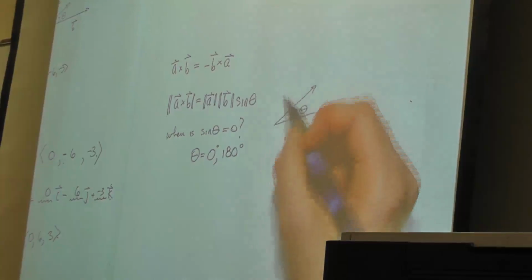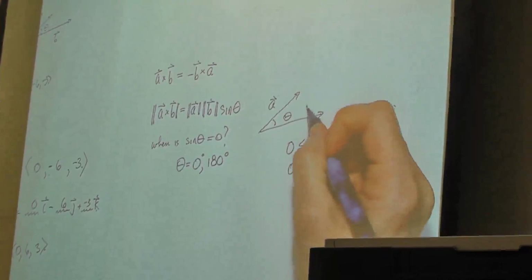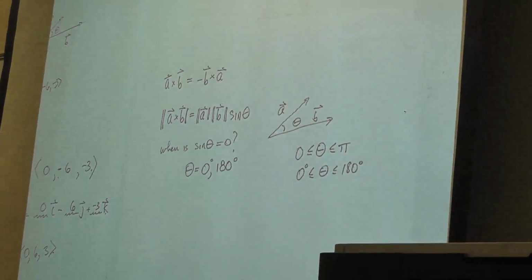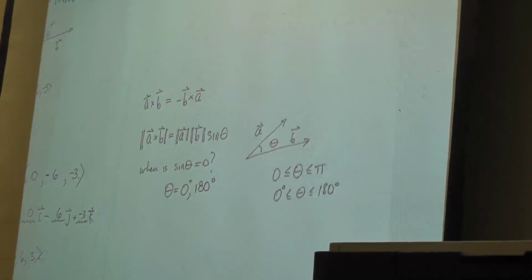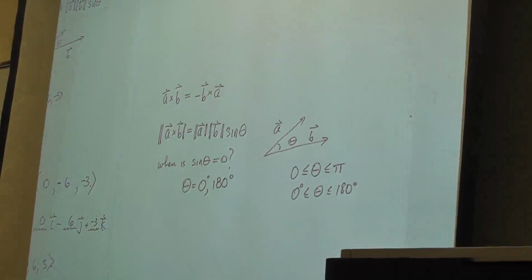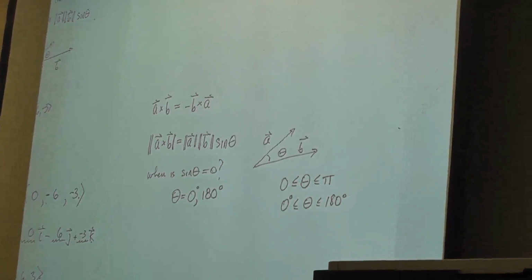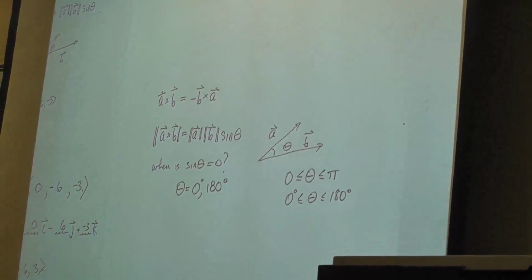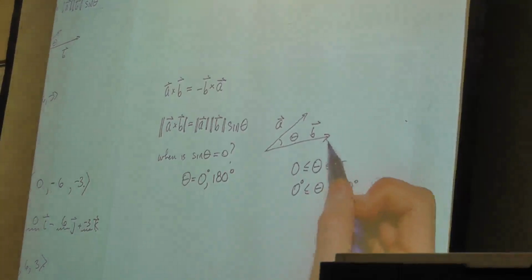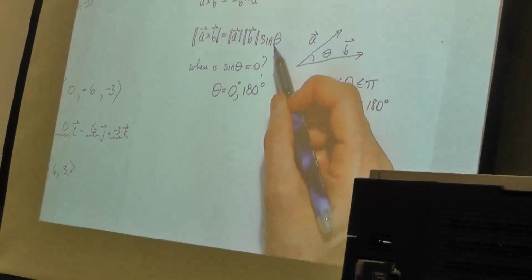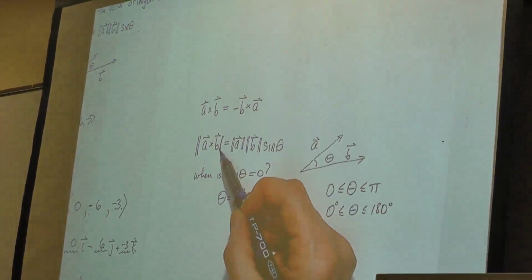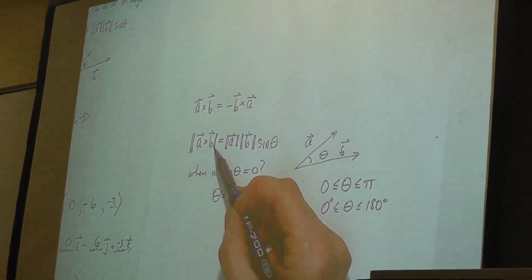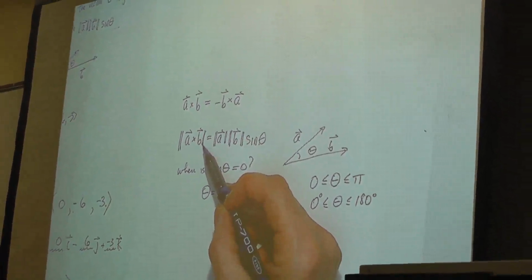Which would mean what about my two vectors, A and B? The angle between them is 0 or 180 degrees. Those two vectors are parallel. And if the two vectors are parallel, sine is 0, and the magnitude of A cross B is 0, therefore A cross B is the 0 vector.